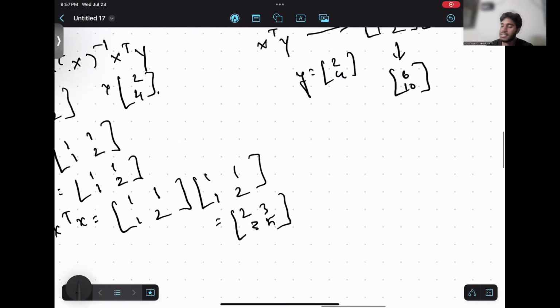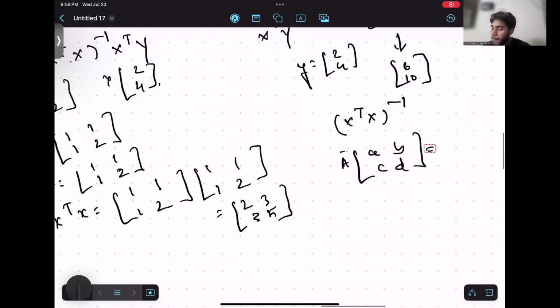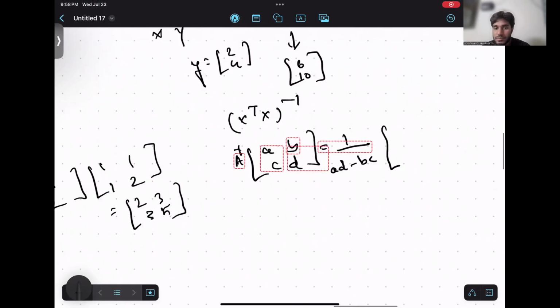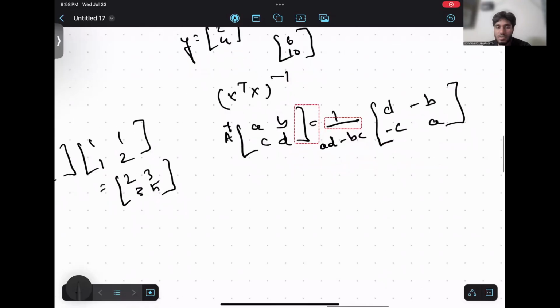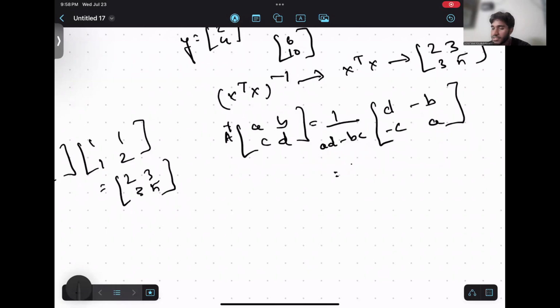Now let's find the inverse of X^T X. The inverse of a 2 by 2 matrix, suppose A, B, C, D, is equal to 1 by (AD minus BC) into D, minus B, minus C, A. Since we already got X^T X as 2, 3, 3, 5, if we put the values of A, B, C, D into this equation, we'll get the inverse matrix as 5, minus 3, minus 3, 2.